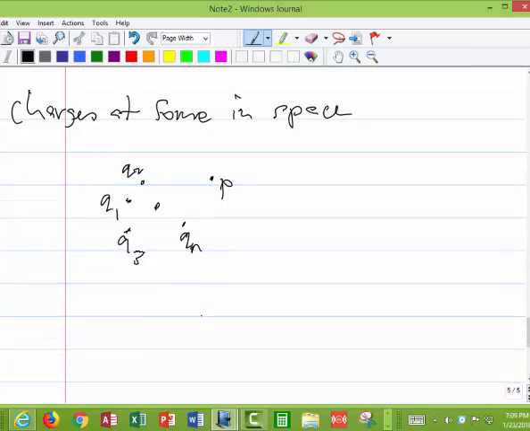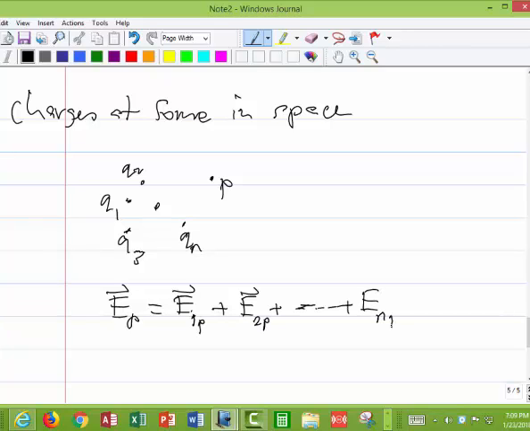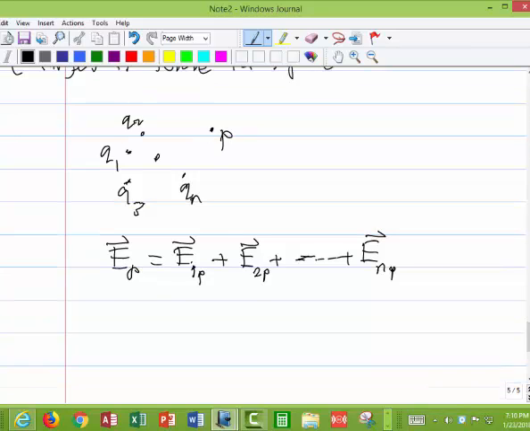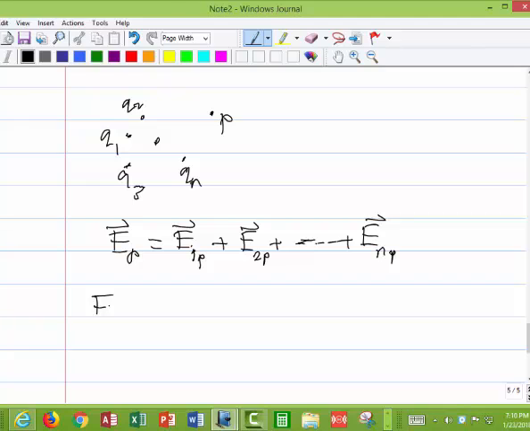The electric field at that point P, using vector notation, is equal to the electric field due to source charge 1 at P, plus the field due to charge 2 at P, plus the field due to charge N at P. That is the electric field at P due to the various charges. We can put it into component form.